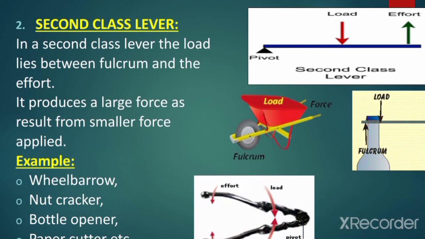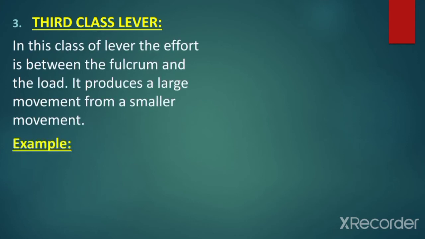Okay, let me move towards the third class of lever. Now you have understood that in the second class of lever, the load is between effort and fulcrum. Now let's see what happens in the third class of lever. In this class of lever, the effort is between the fulcrum and the load.